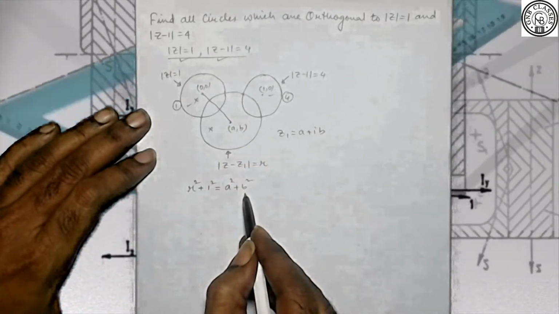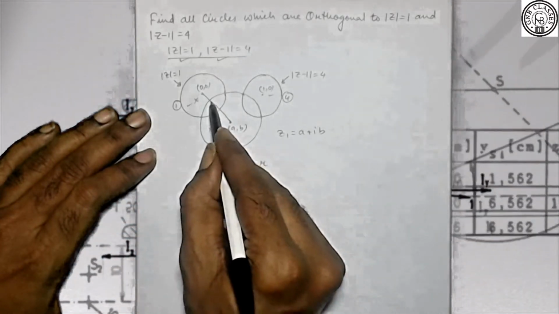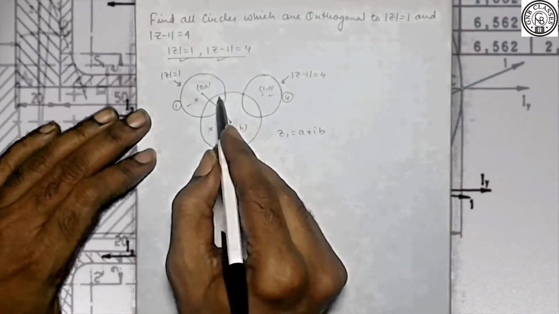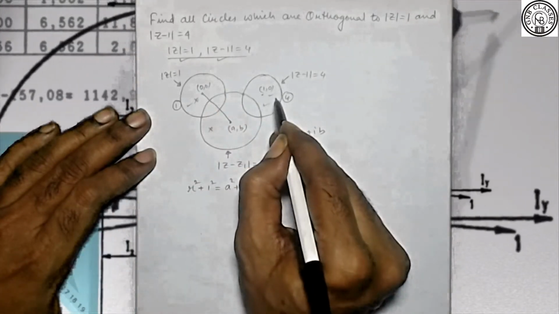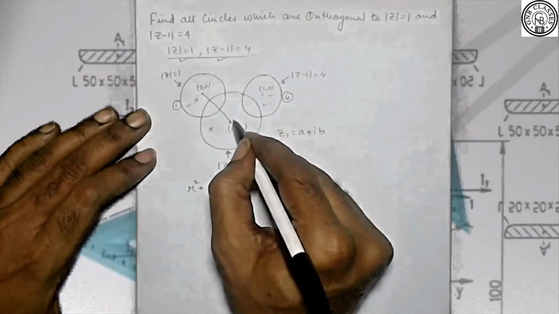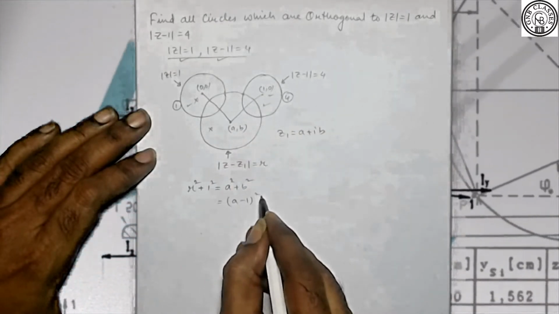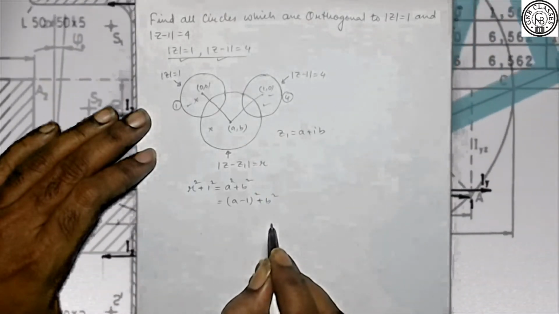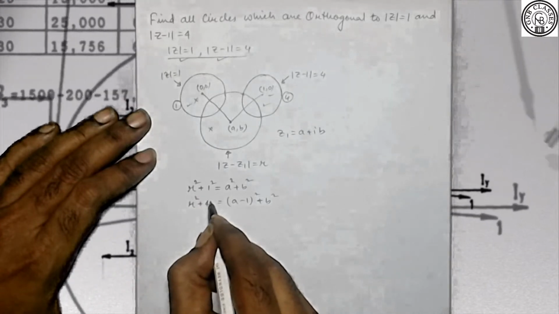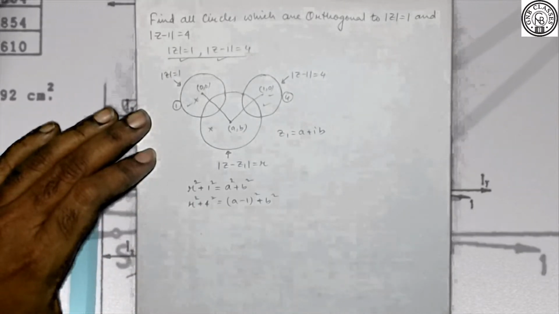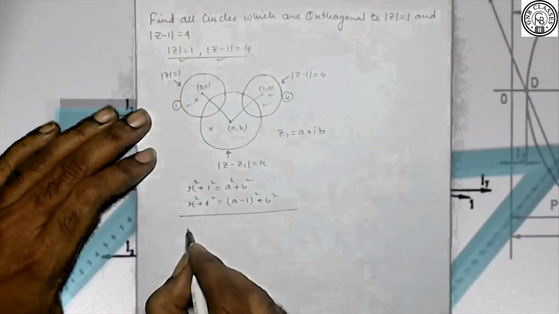So that's exactly what I have written, which is equal to the sum of the squares of their radii. The radius of this circle is r and for this circle is 1. So it is r square plus 1 square. Same thing with this circle. The distance between their centers here is nothing but a minus 1 whole square plus b square, and the sum of the squares of the radii is r square plus 4 square. Tell me yes or no. Okay. Now let me subtract these two. What are we going to have?